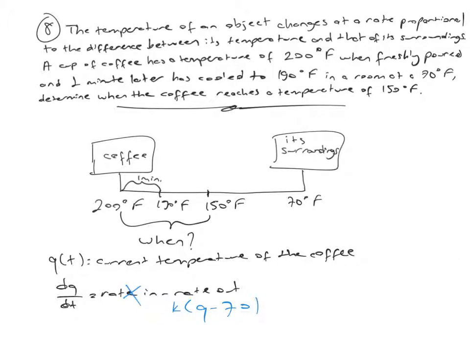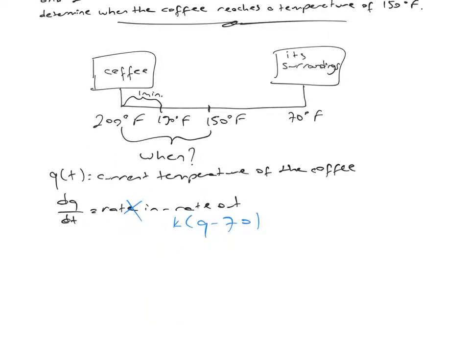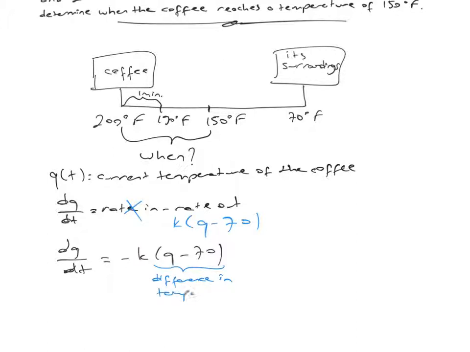So our differential equation is dQ over dt is equal to minus k times (Q minus 70). And this part is the difference in temperature.